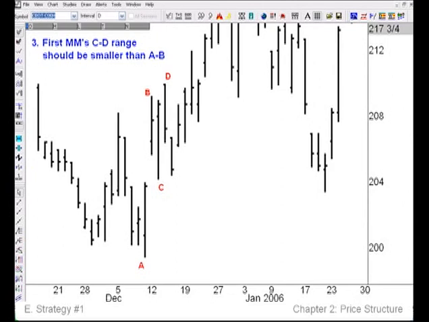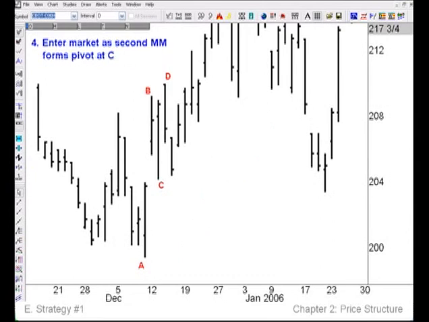Remember, with all measured moves, you can expect the CD move to be equal to AB, if not more. So if the CD move is just over here, then there should be some more move eventually to come as it works its way here, whether it be this way or simply this way. So a shortened CD move tells us that there should be more move to come.